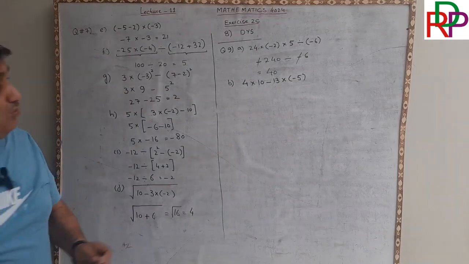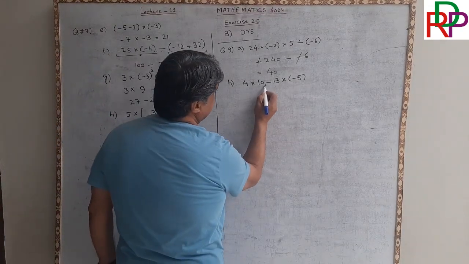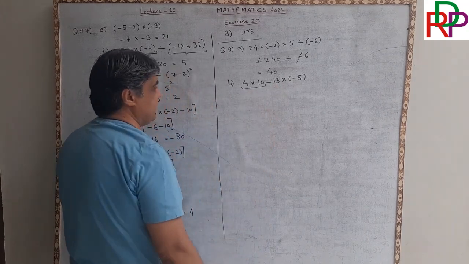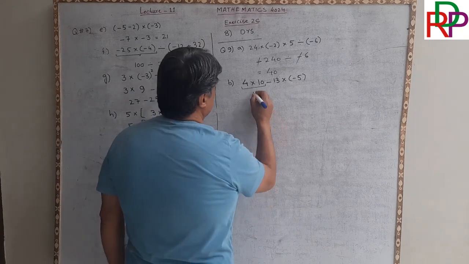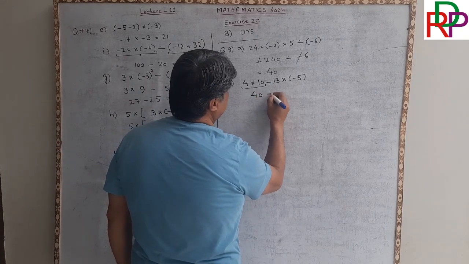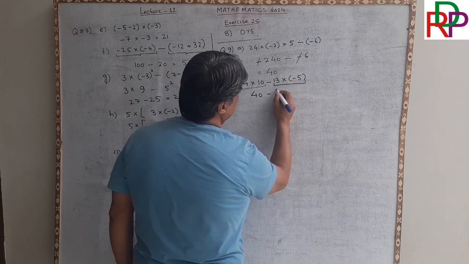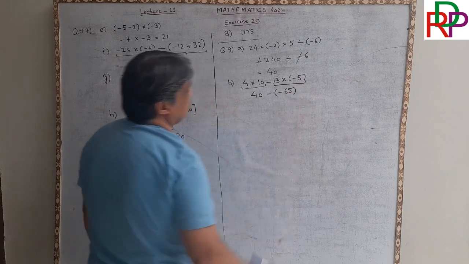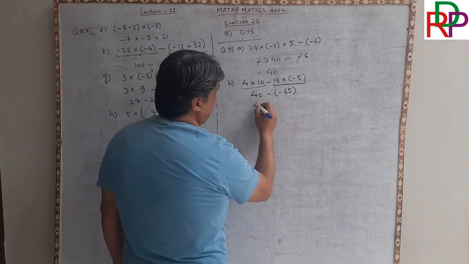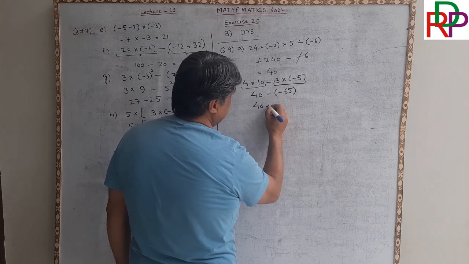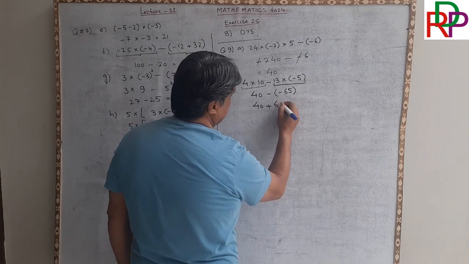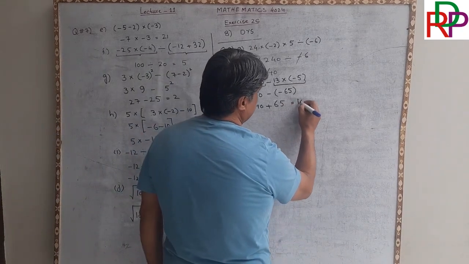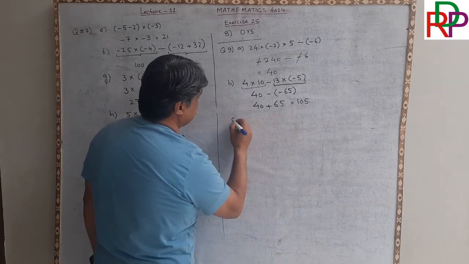Now 4 and 10, the multiplication priority is more than this negative symbol. So 40 and then minus, and then we have to multiply minus 65. Now in the next step, 40 and this minus will become positive, and this will be 65. So it means that 105 is the answer.